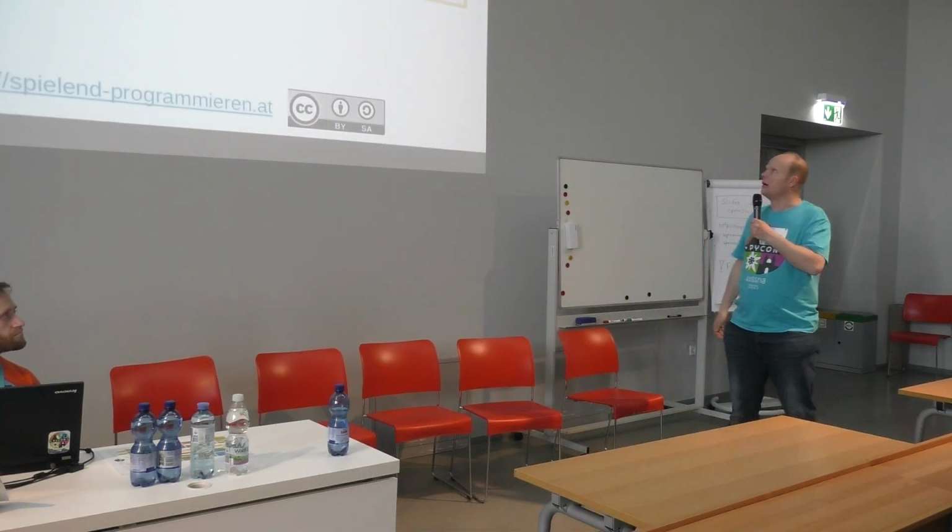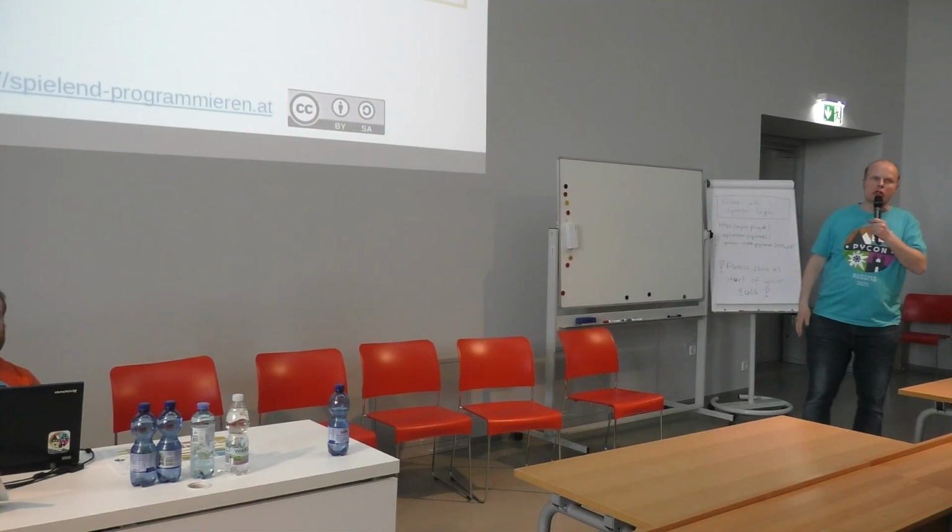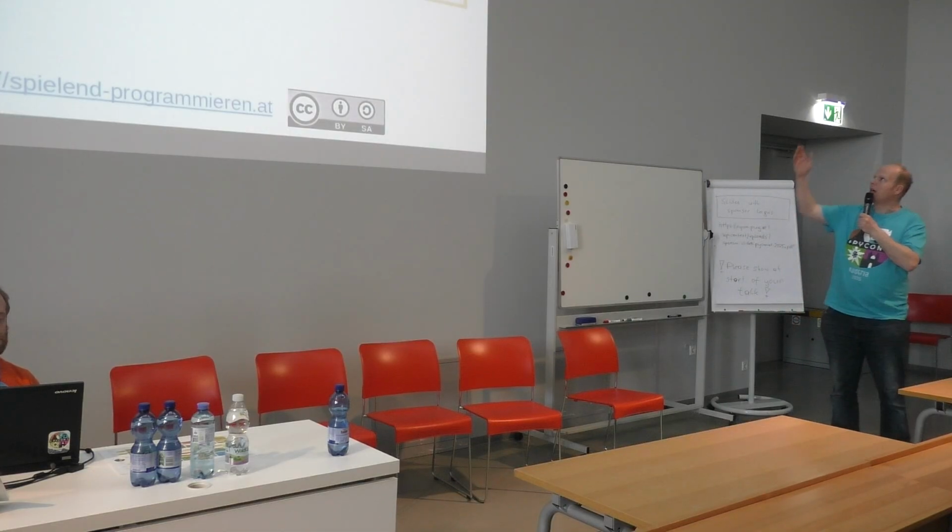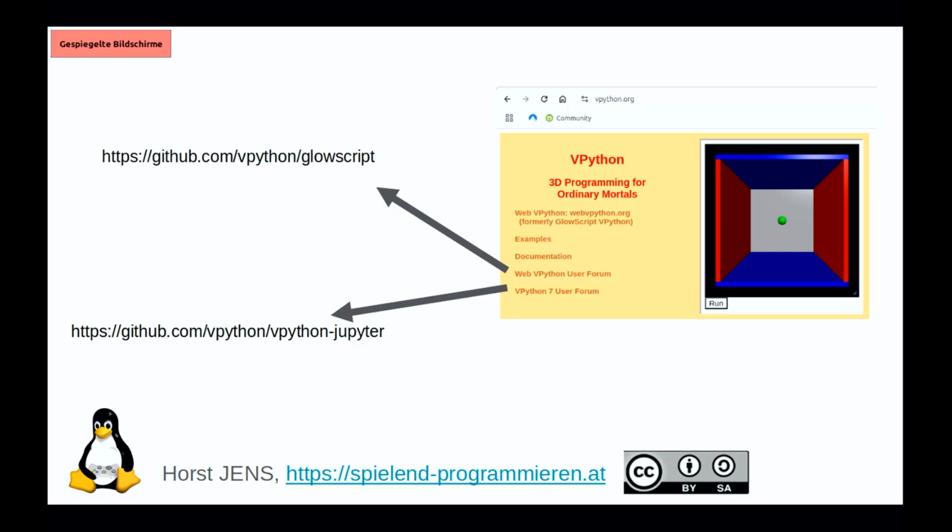Next, please. Thomas will later show you how to get into VPython. You just head over to vpython.org. This is the webpage, and it's very interesting because it requires a 3D graphics card that actually works with your browser, so that your browser can use OpenGL.